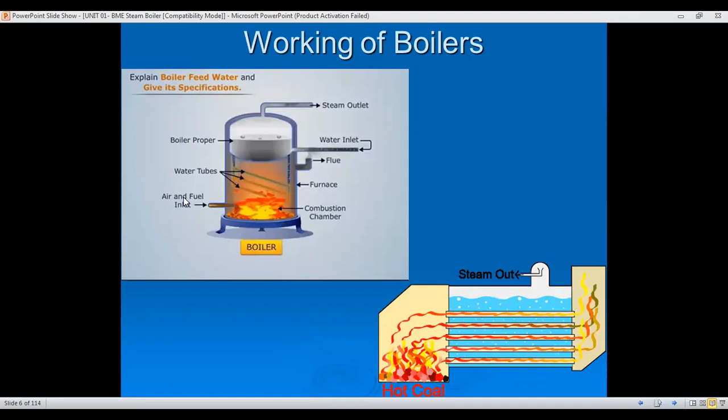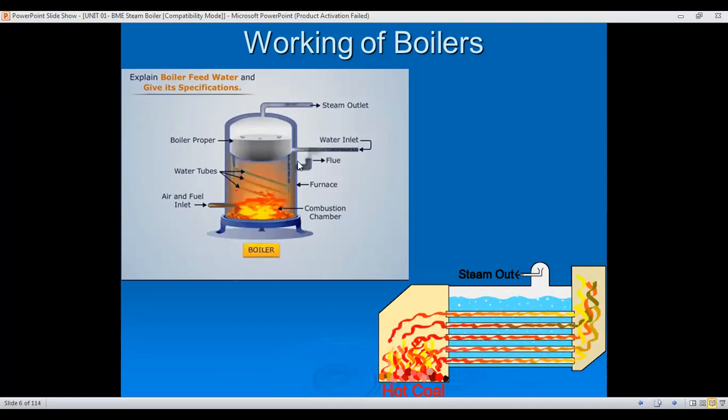Air and fuel inlet means you can insert the fuel as well as air inside the combustion chamber, and we ignite the fuel to generate heat. So hot gases are produced, and the water traveling through the tubes turns into steam, and we can collect that steam in a separate container or supply it where it's required.